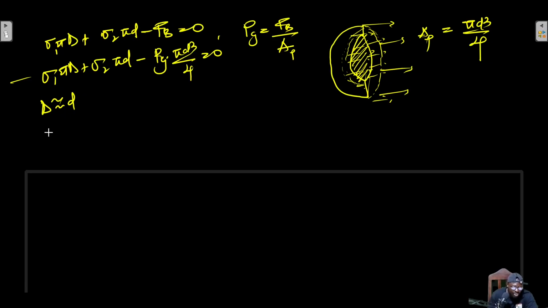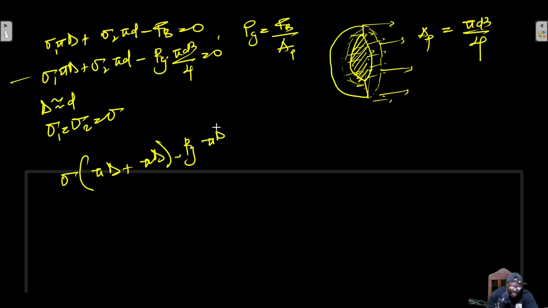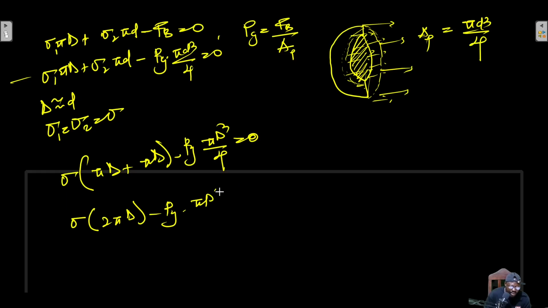Now for soap bubbles also, for the two interfaces, the surface tension is the same. Then I can say that my equation becomes sigma pi d plus sigma pi d minus Pg pi d squared on 4 is equal to 0.